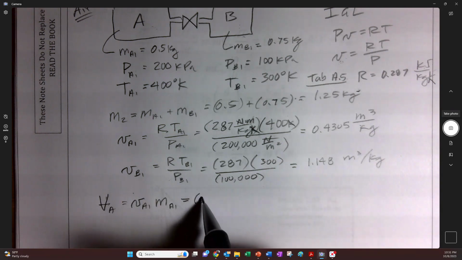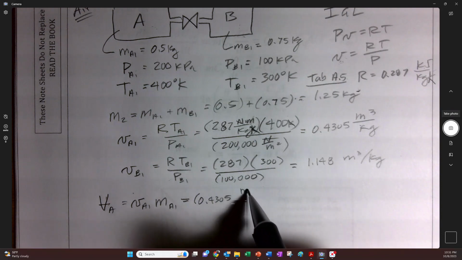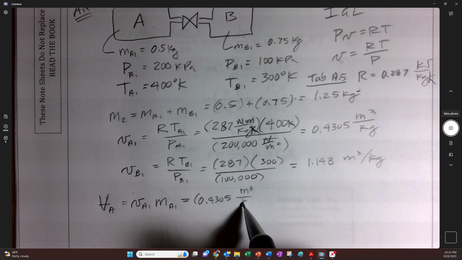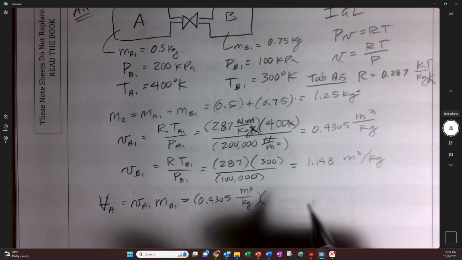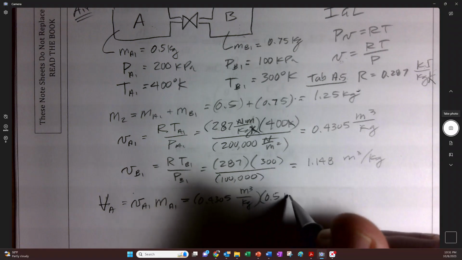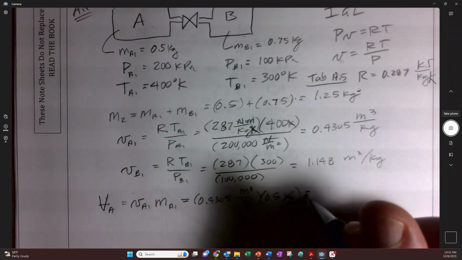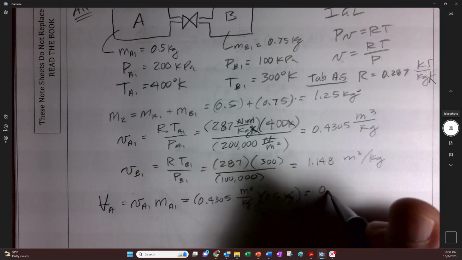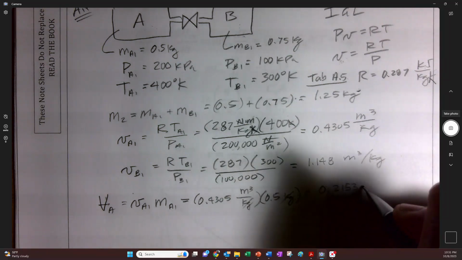And so we're going to get 0.4305, and you can check with the units here, cubic meters per kilogram, and we're going to multiply by 0.5 kilogram. So that's definitely going to give us a volume. Good news. 0.2153 cubic meters.